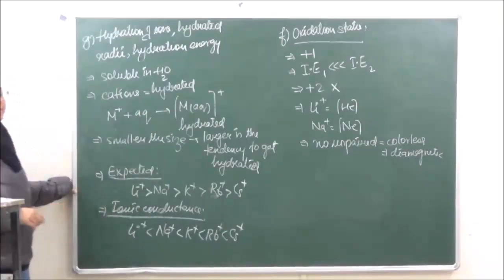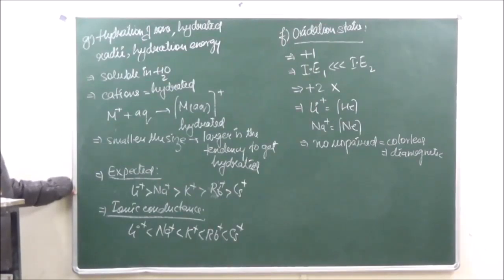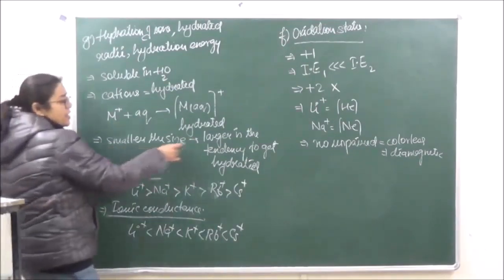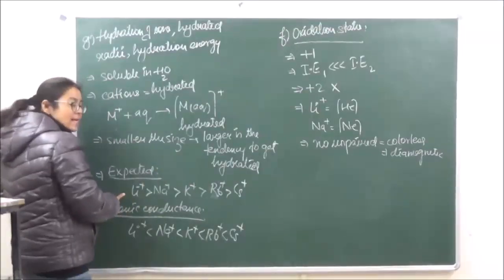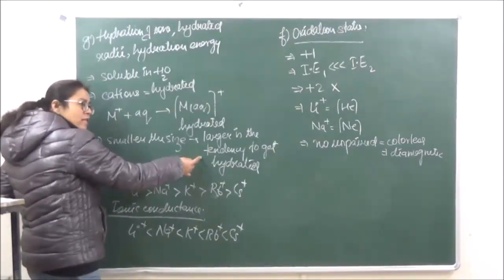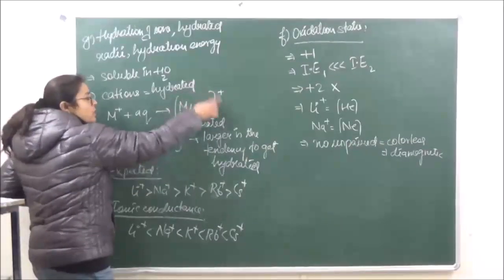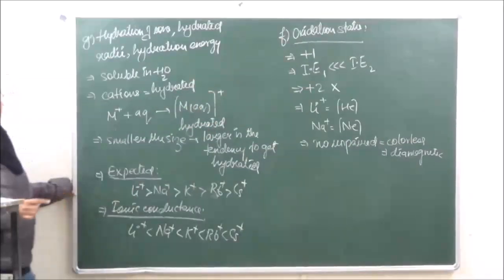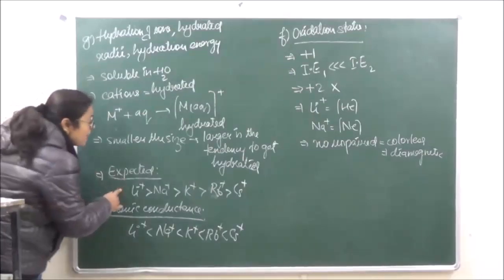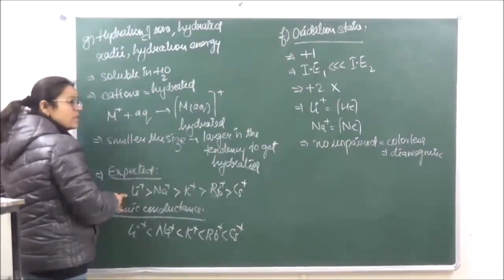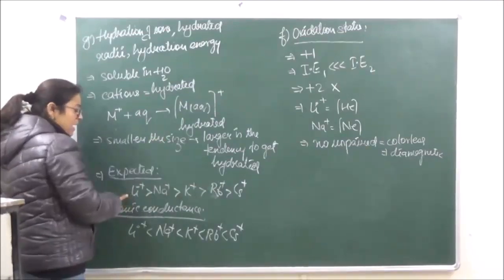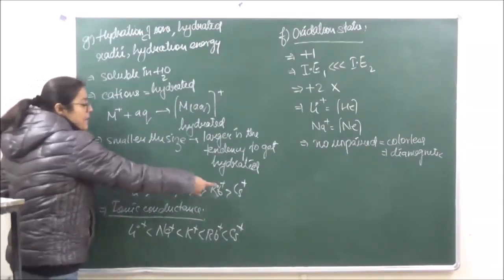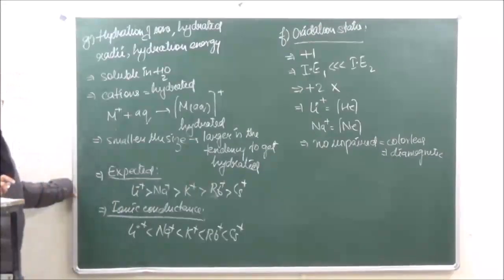Because smaller the size, larger is the tendency to get hydrated. So lithium has the smallest size, it will have the largest tendency to get hydrated, as a result of which the radius of the hydrated ion is going to increase. Lithium hydrated is going to have the largest size and cesium hydrated the least size.